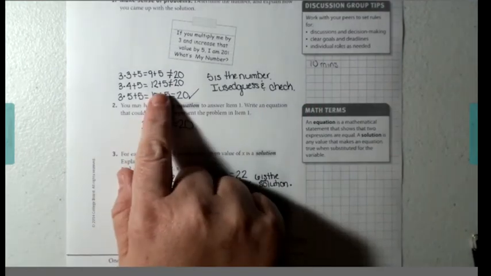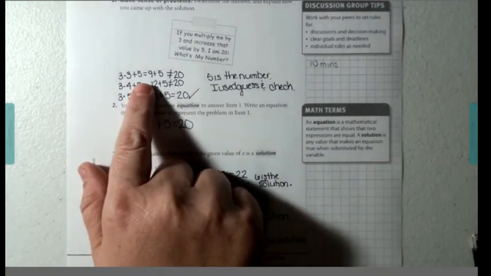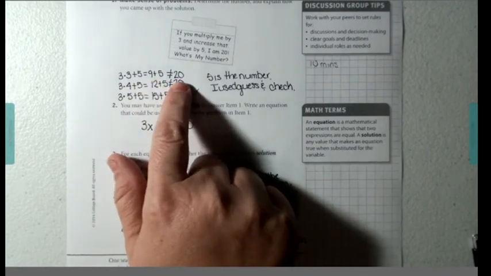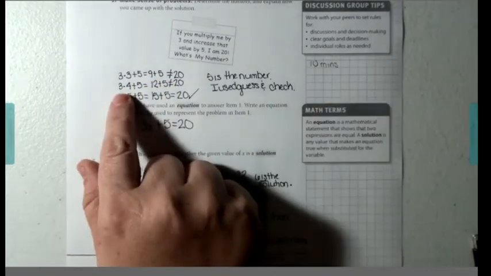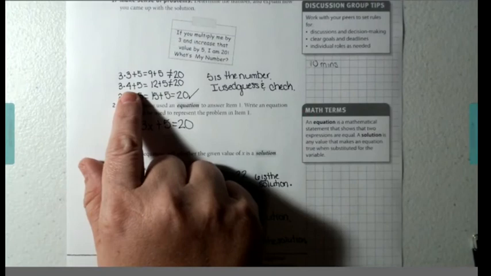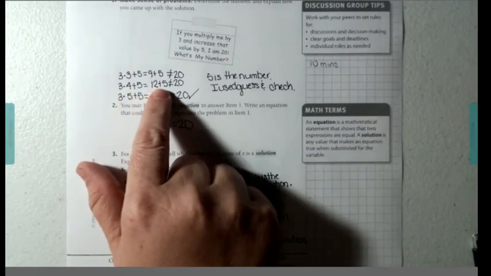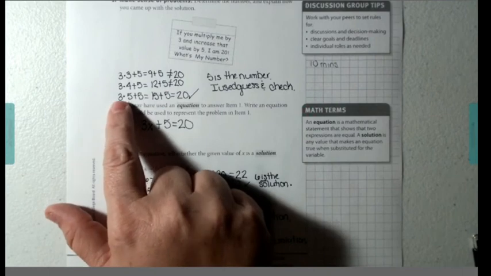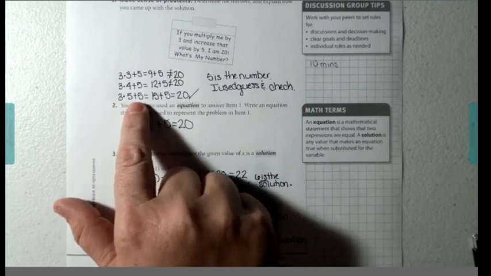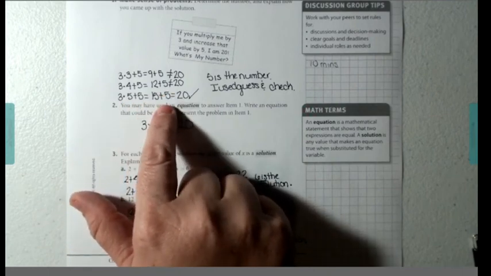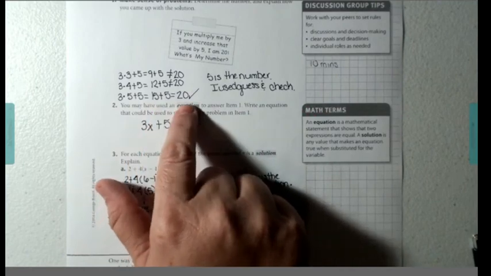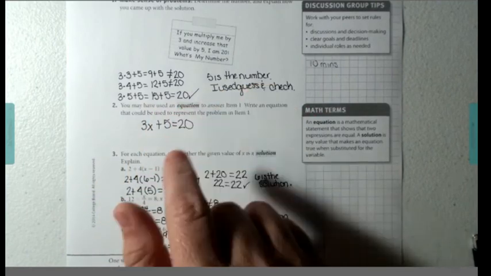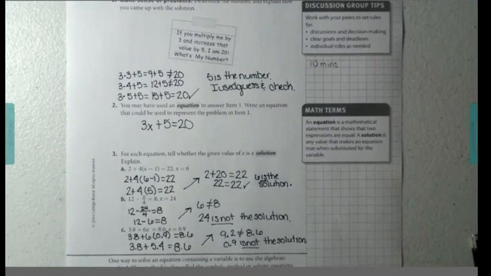Well, 3 times 3 was 9, 9 plus 5 is not 20, so it wasn't 3. So then I did 3 times 4. This time I got 12 plus 5. Again, that's still not 20. Now I've done 3 times 5 plus 5 equals 15 plus 5, and 15 plus 5 is 20. So 5 is the number, and I used the guess and check method.